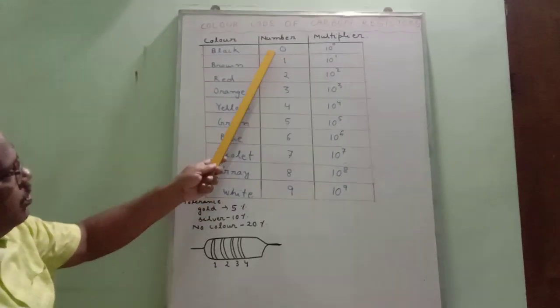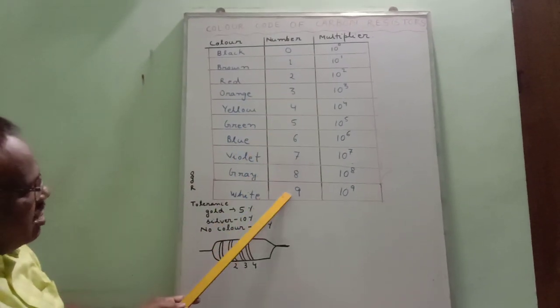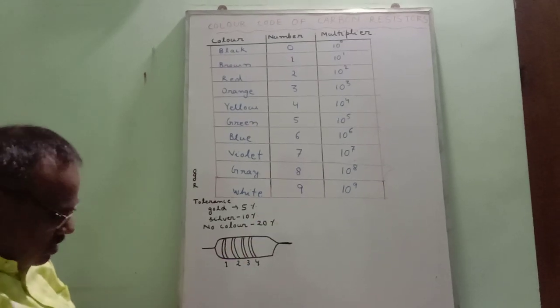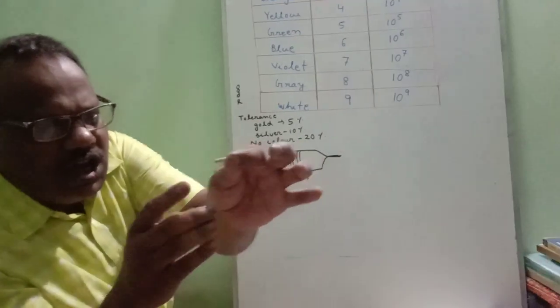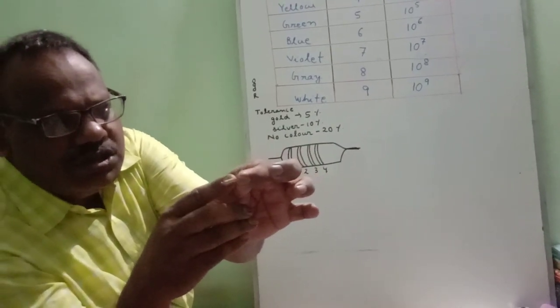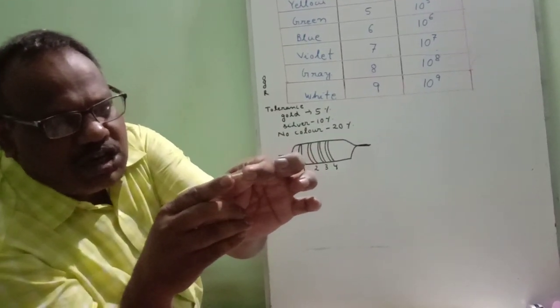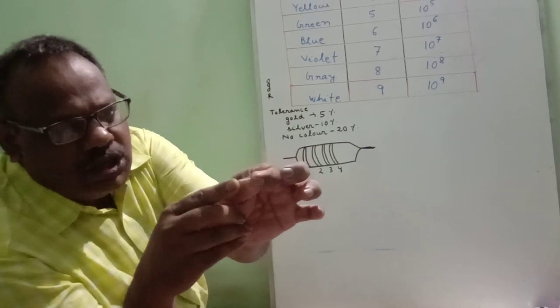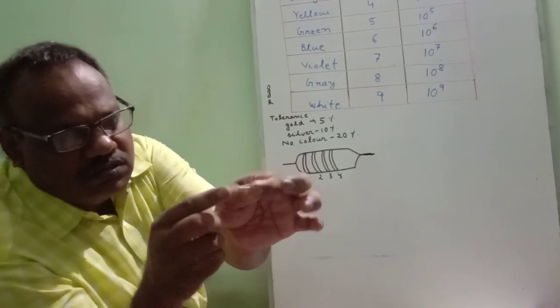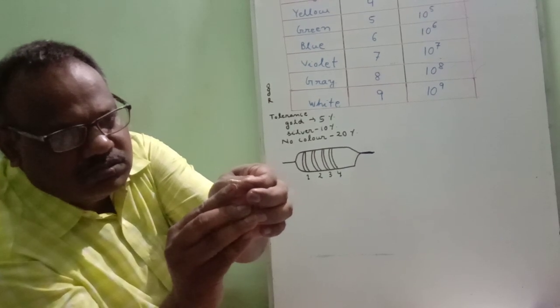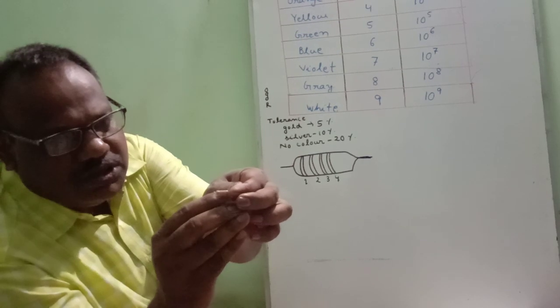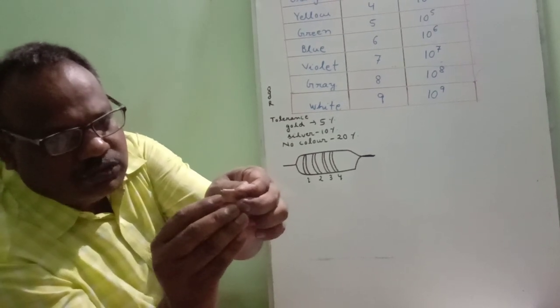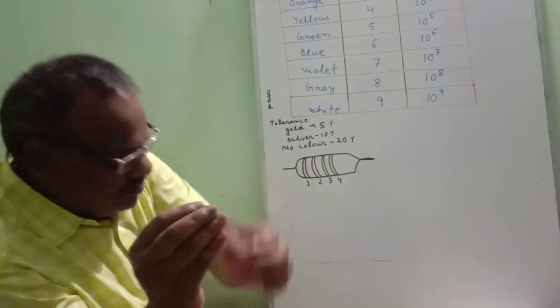For that you have to remember these things. The colors start from one end. You tell this is the first color because it starts from this end. It does not start from the other end, because that side is vacant. So you have to see from this end.